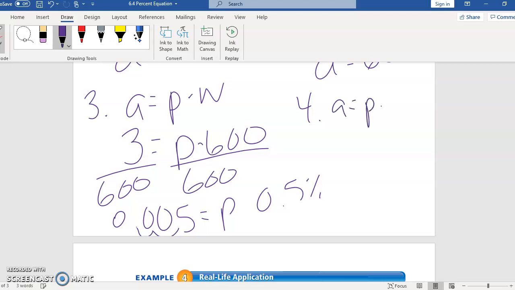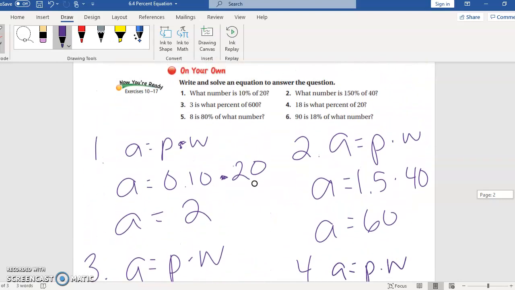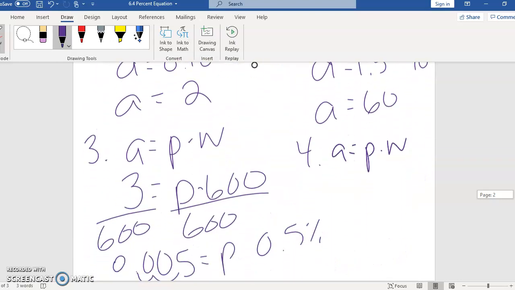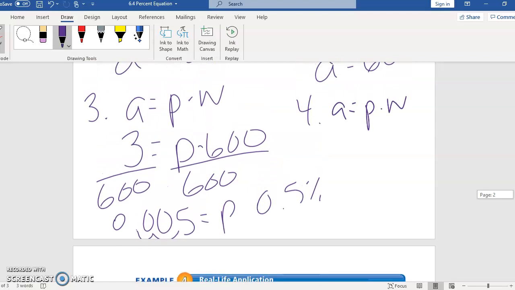A equals P times W, and then I'll erase those to make more room. Number 4 is 18 is what percent of 20? So 18 is our part. What percent? We don't know. 20 is our whole.